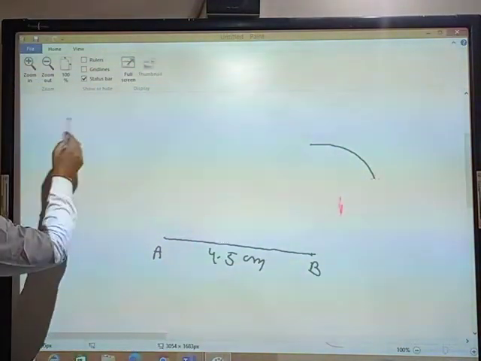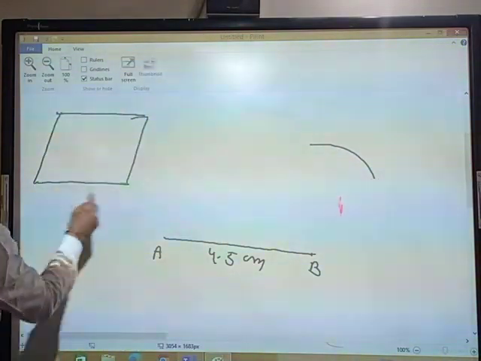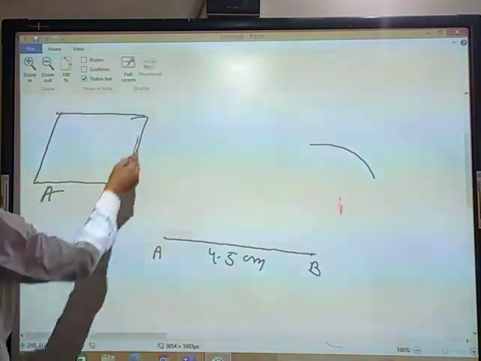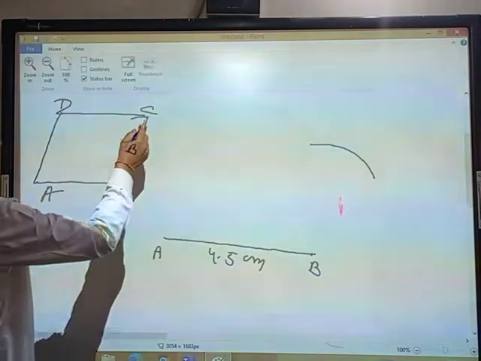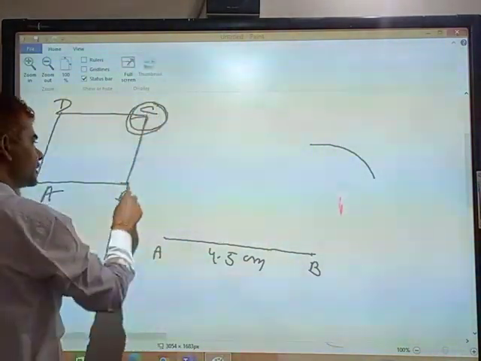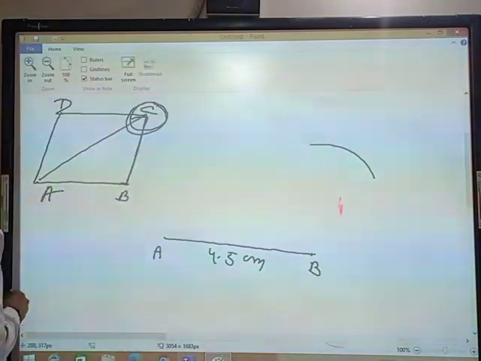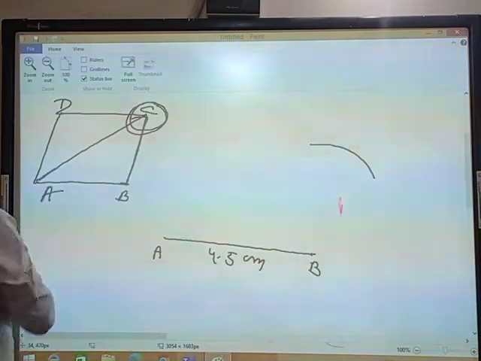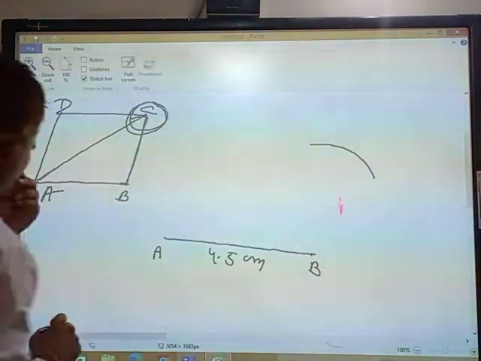You have to draw the figure, that is your A, that is your B, that is your C, that is your D. Now to find the point C, we require BC as well as AC. Yes, AC is 7 centimeters, it is given.